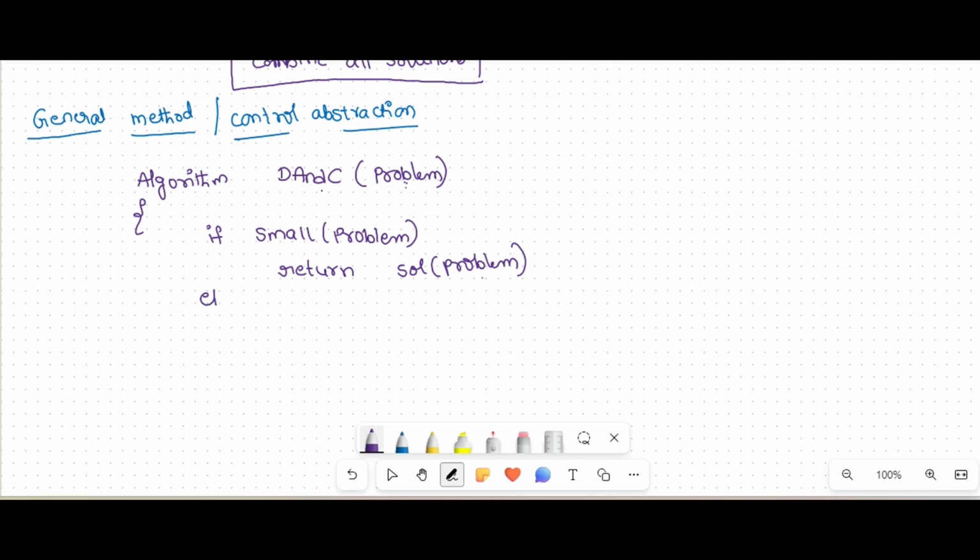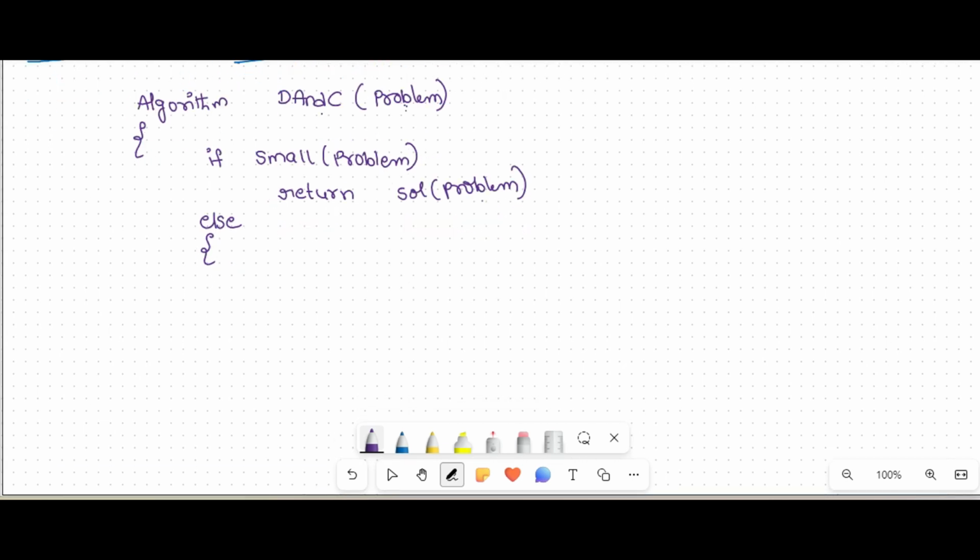Suppose the problem is not small. If it is not small, what do we do? We divide the problem into sub-problems.